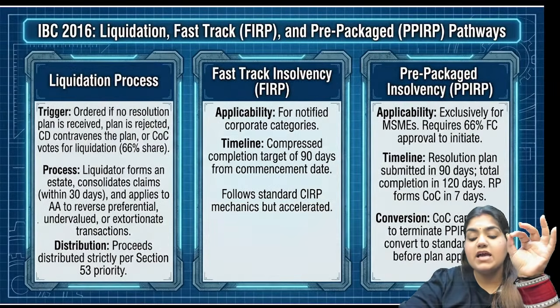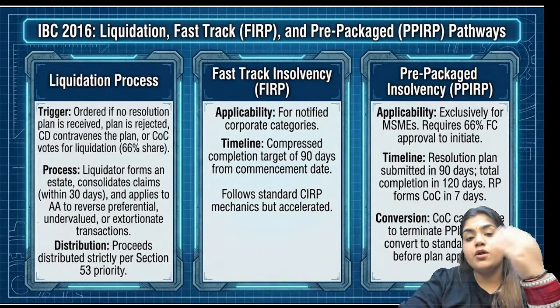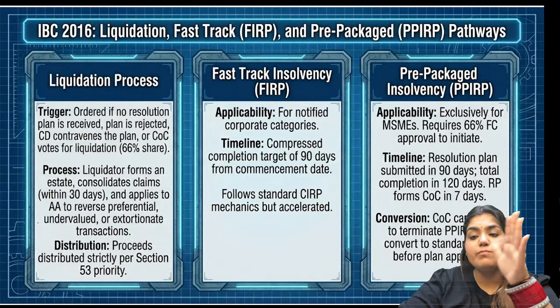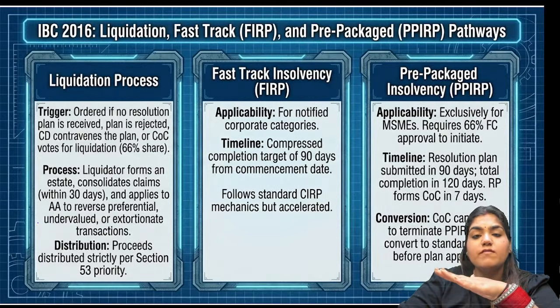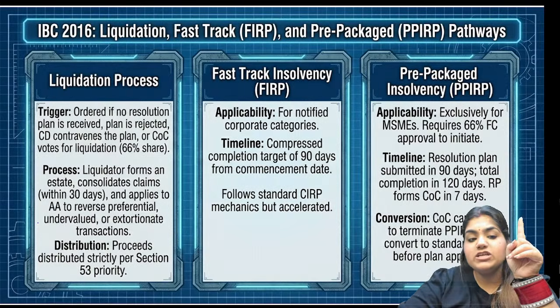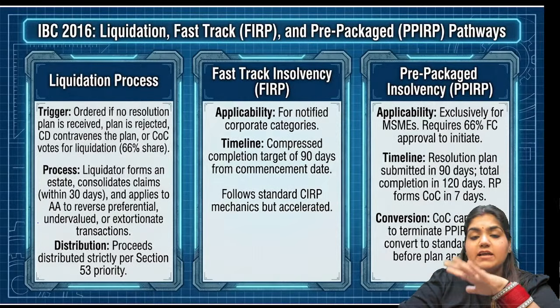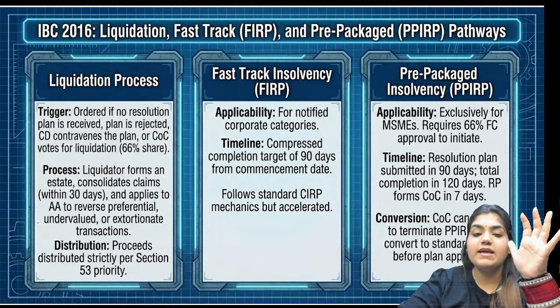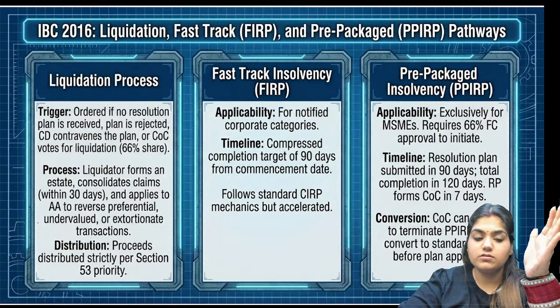There is CIRP. The shorter version of CIRP is PIRP, where the process is completed in less time. PIRP is pre-packaged insolvency, and it is for MSMEs only. You go to liquidation if your COC, the committee of creditors, says, with 66% voting, that we do not want to waste time in CIRP, let's go to liquidation.